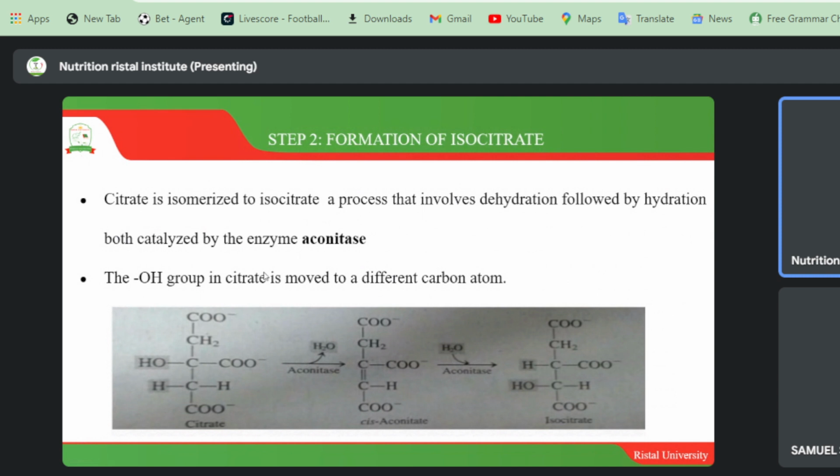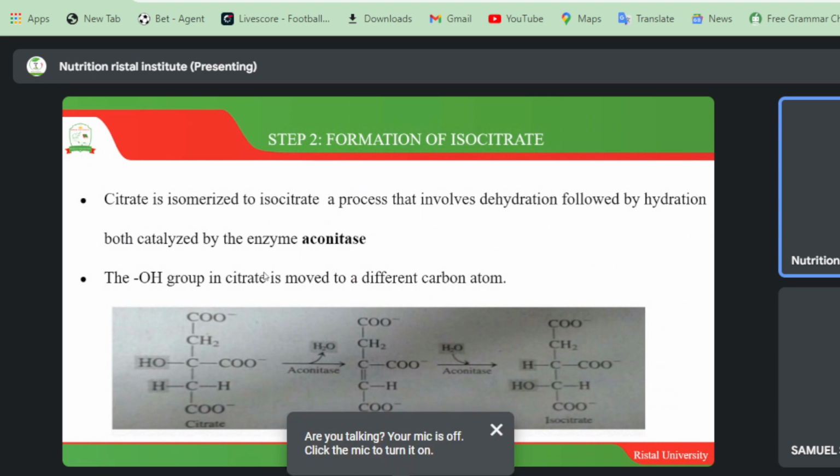So this process involves dehydration followed by hydration. Meaning in this first step, you first dehydrate citrate, and then you form the cis-aconitate. This is an intermediate between the two, and then the cis-aconitate is hydrated to form the isocitrate.